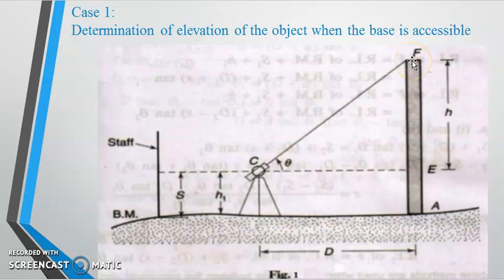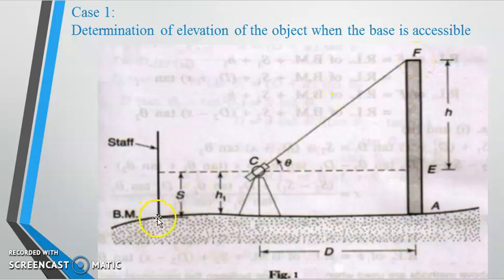We start from the benchmark, RL of benchmark, which will be known to us, plus S. So we reach here. This is the backside reading on the staff kept at benchmark. So RL of benchmark plus S, so we are in the same horizontal line, plus H. So we get the RL of point F.